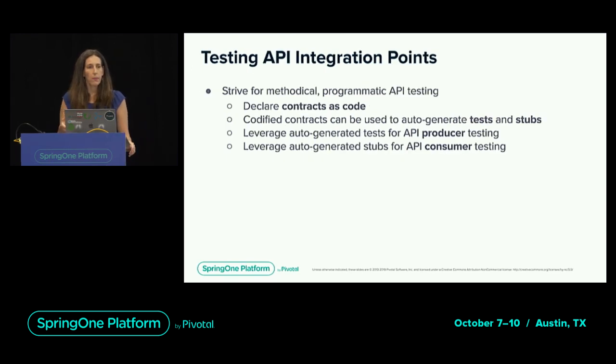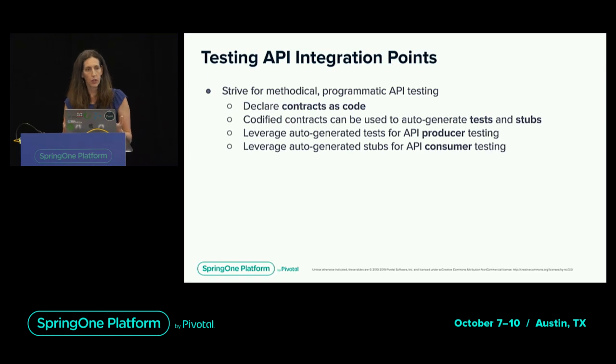So if you can codify that agreement between consumers and producers, then you can use those contracts written as code to actually produce the tests that you use to verify that, whether you're a producer or a collaborator, you're adhering to that contract.